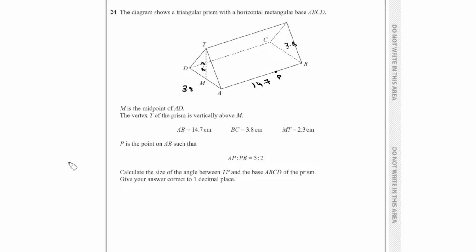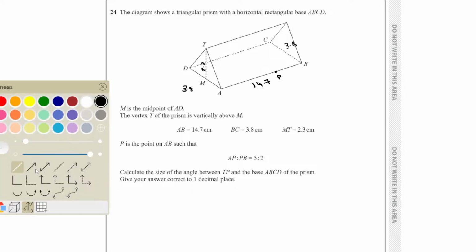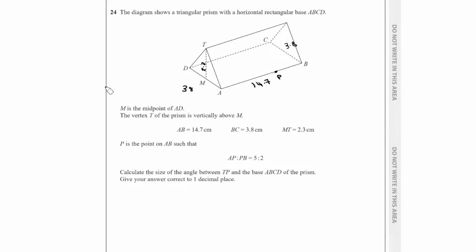If it's going to let me draw a line, that'd be great. No. Oh, let me draw a line. That's so strange. Well, that's going to make it a lot more difficult, isn't it?